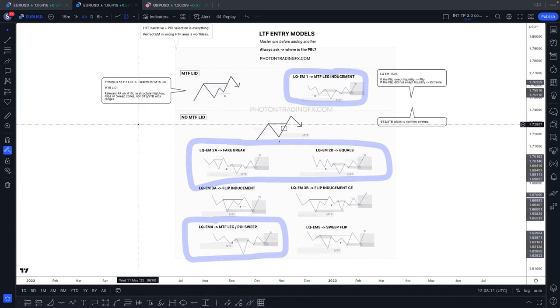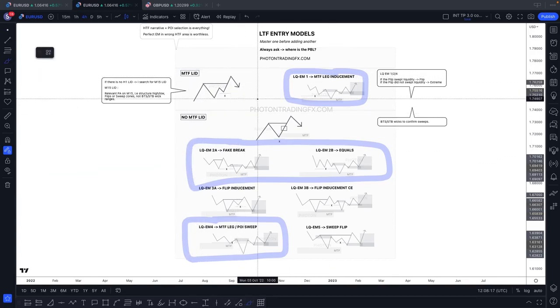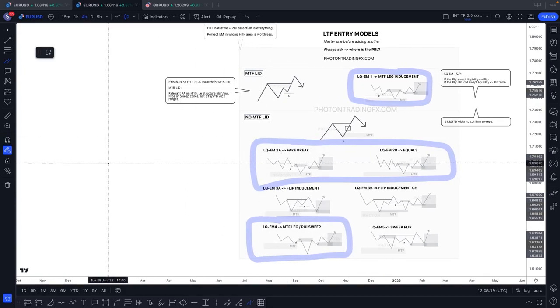So a new variable that I'm using, and I want to explain why, is if there is no H1 lead, I wait and I search for M15 lead as override.